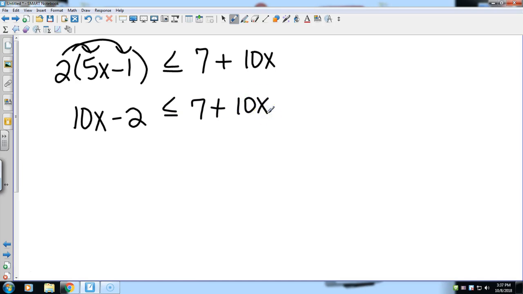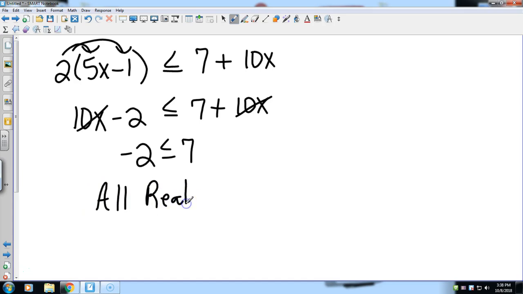So we have the exact same thing. We've got our 10x's on both sides. Those are going to cancel. So now I've got negative 2 is less than or equal to 7. That's actually true. Negative 2 is less than 7. So the answer to this one is going to be all real numbers.